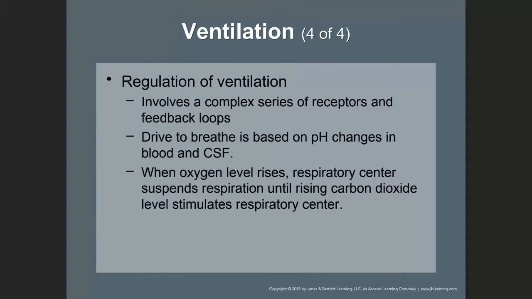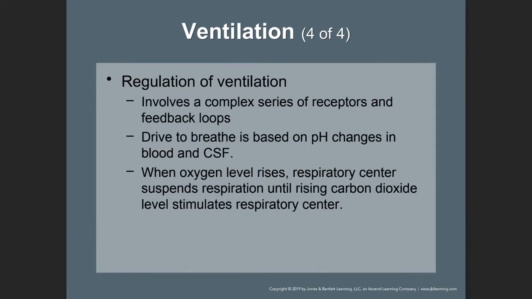Now, regulation of ventilation. The regulation of ventilation involves a complex series of receptors and feedback loops. The drive to breathe is based on pH changes in the blood and CSF. So the stimulus to breathe comes from the CSF and the brain picking up changes in the pH. If it's too acidic, the respirations will increase.